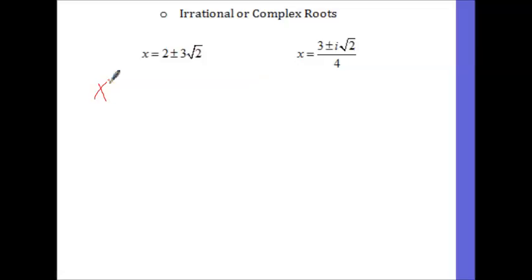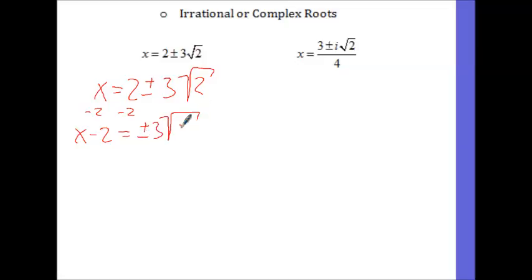We have our solutions. x is equal to 2 plus or minus 3 times the square root of 2. Now we need to move everything away so we have the term with the square root isolated on one side. In this case, we just subtract 2 on both sides and we get x minus 2 is equal to plus or minus 3 times the square root of 2. And now, remember, we got the square root because we took a square root.